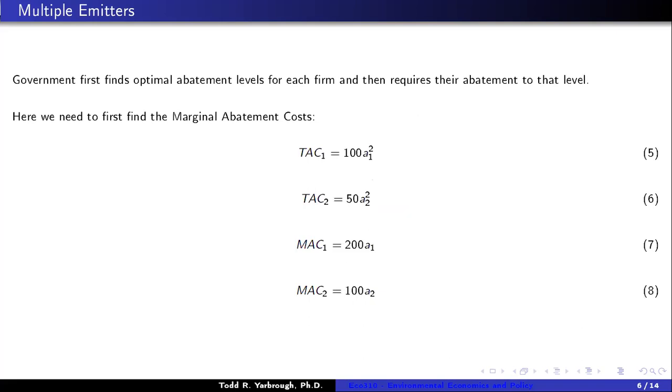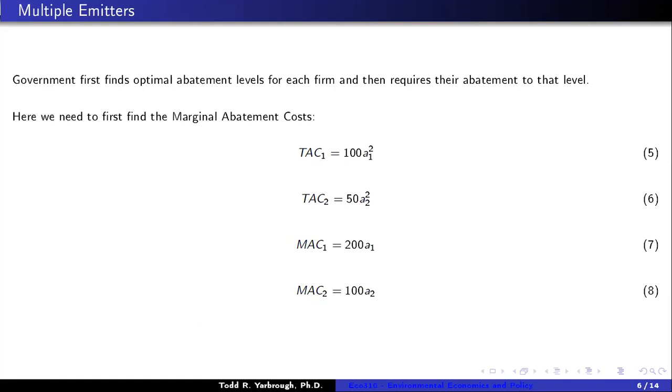So we're going to look to what we refer to as the second equimarginal principle. The second equimarginal principle goes further than the first equimarginal principle. The first equimarginal principle establishes for us the optimal level at the 30,000-foot view. But in this particular scenario, because we have multiple firms, we know what we want the total abatement to be across all the firms, but we don't necessarily know what each firm should abate.